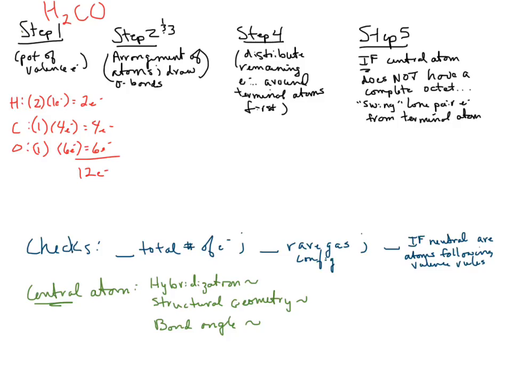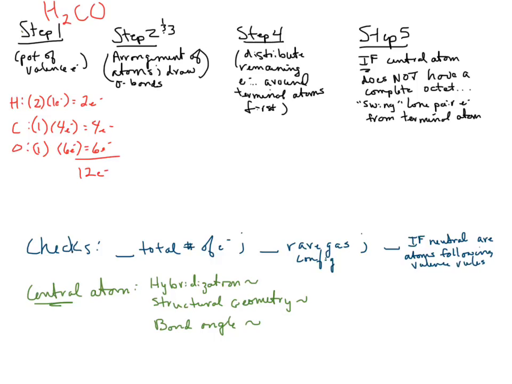So you'll do 2 times 1 for hydrogen, 1 times 4 for carbon, 1 times 6 for oxygen, and I get 12. With more practice, you might just do the pot of valence electrons and figure around with your atoms, and just make sure that your final Lewis structure matches this and follows the expected valence rules if it's a neutral molecule.